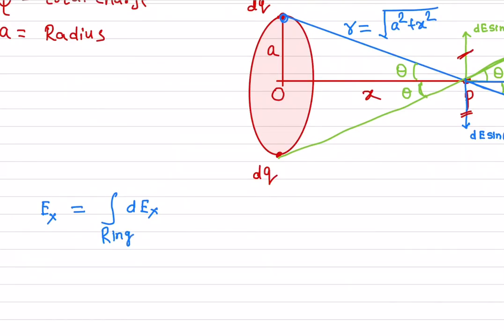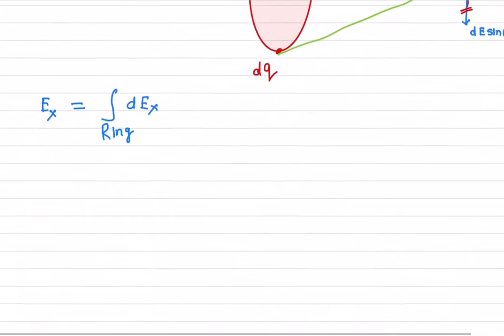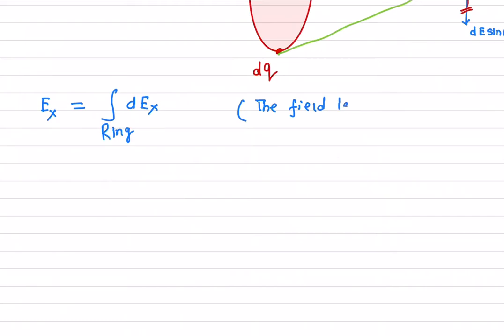The integration is over the entire ring. The field is only along the x-axis. So now let's simplify this one.